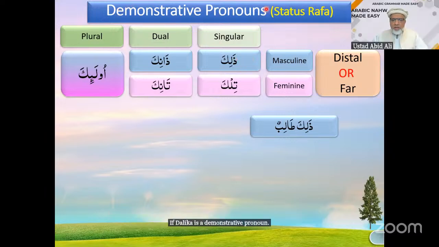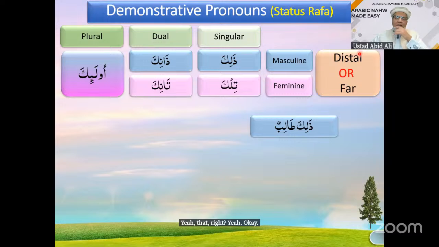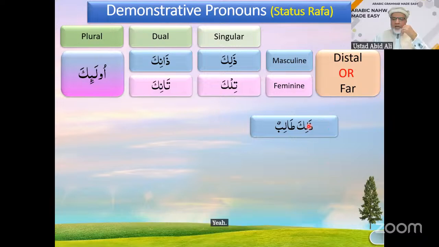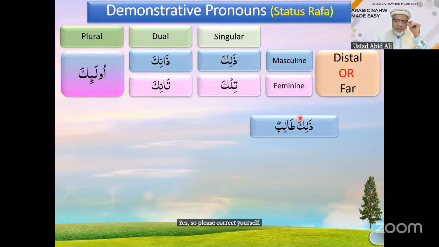Yes. Is a pronoun also a noun? Yes. And what are we learning? Aren't we learning the marifa category, the proper nouns? So if dalika is not a noun, then why are we bothering with proper or common? No, it is a noun. Please correct yourself. Dalika is a noun and is specifically known as a demonstrative pronoun.